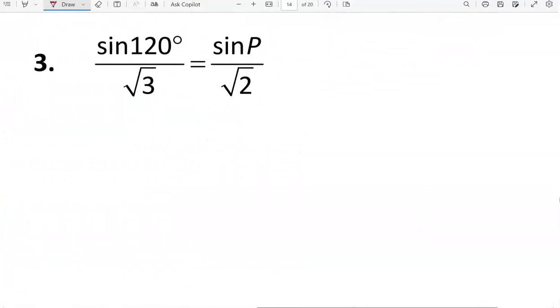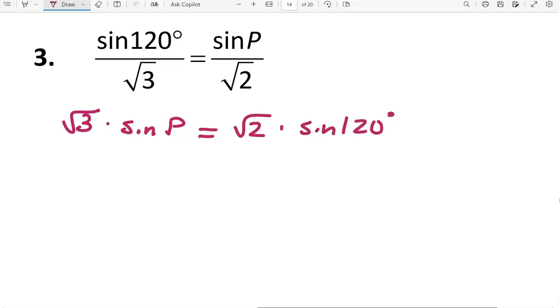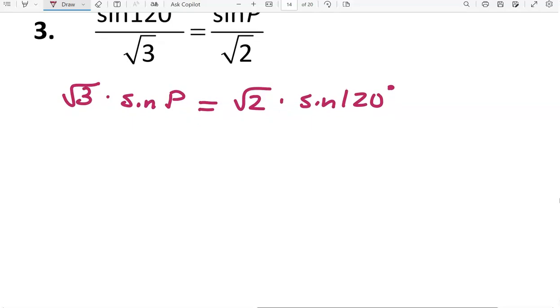All right, let's check out number 3. In this, we're solving for angle P's measure. So we're solving for an angle, but we're going to follow the same procedure here. So we've got cross-multiplying the square root of 3 times the sine of angle P is equal to the square root of 2 times the sine of 120 degrees. And we can go ahead and find the sine of 120 degrees.